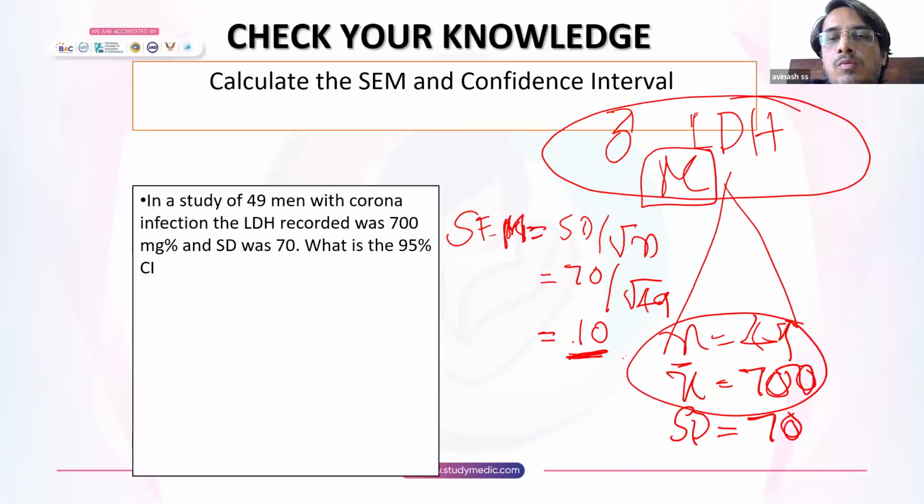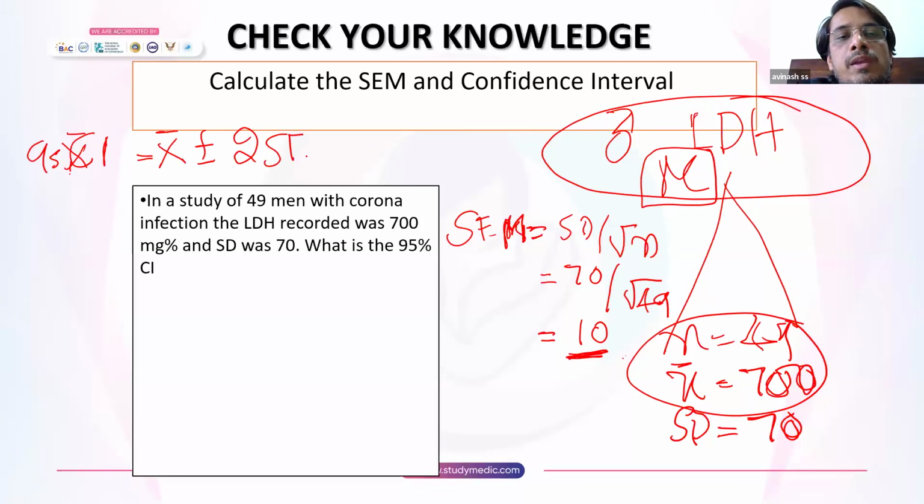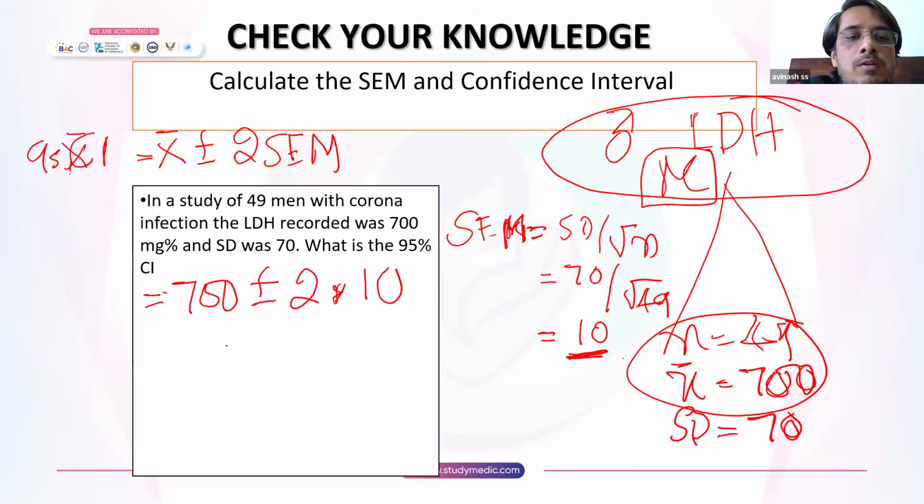The 95% confidence interval of mean is equal to mean plus or minus 2 times standard error of mean. So it is 700 plus or minus 2 times 10. The confidence interval is 680 to 720.